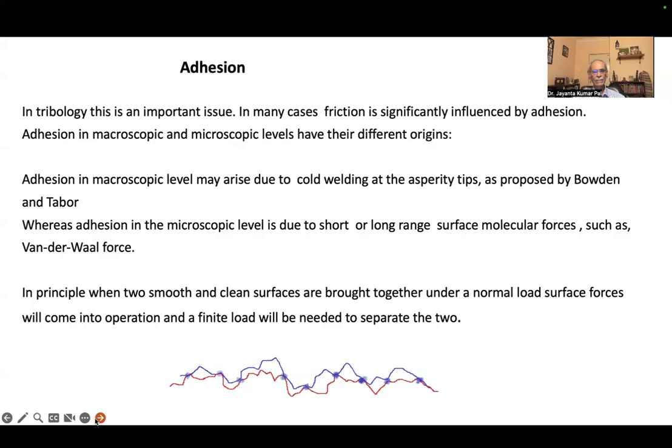Here normally we consider van der Waals forces, and as we have shown and discussed before, when the two surfaces are brought together, the contact is only at the peaks of the asperity. But the picture shown here will not be useful for our microscopic or nanoscopic consideration, because there we need a very smooth surface, because otherwise the intermolecular forces will not be operative.